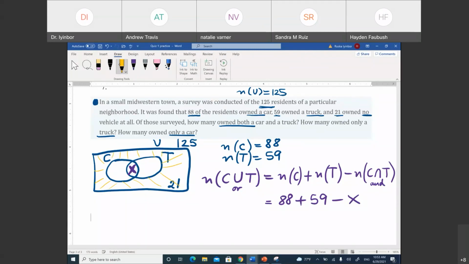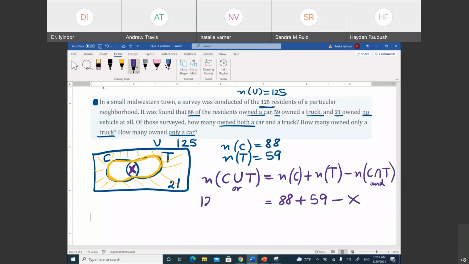So actually, car or truck is going to be this one here, right? Can you find how many have car or truck? It's going to be 125 minus 21.